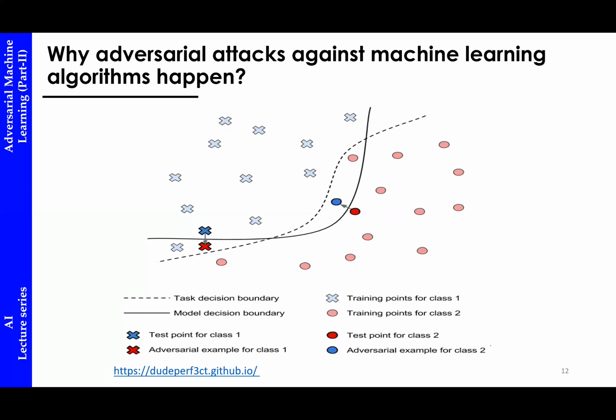Now the question is, why do adversarial attacks against machine learning algorithms happen? Let's walk through an example. I have a training set of some O's and X's. O's are marked with the pink color here, as you see, and X's are marked with light blue.